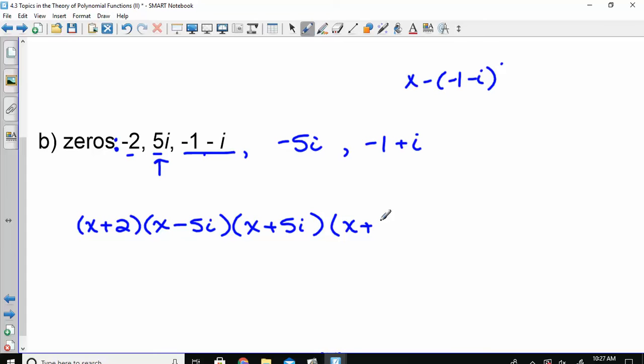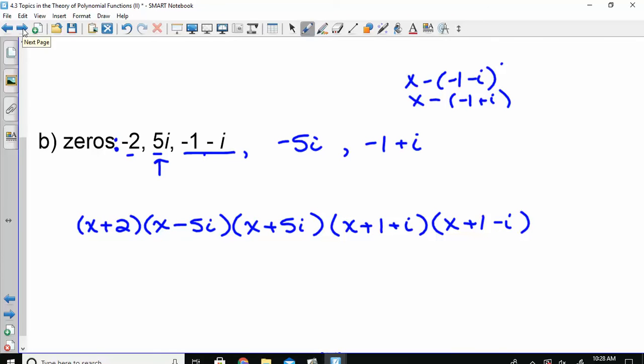So it becomes x plus 1 plus i. And if negative 1 plus i is a zero, if you distribute your negative, you get x plus 1 minus i. So far, so good?